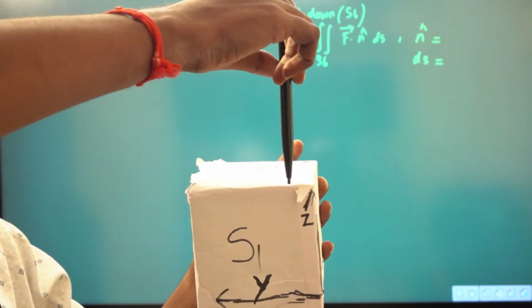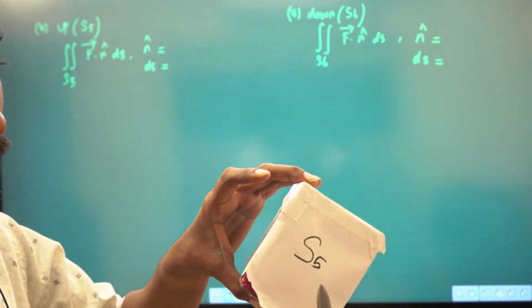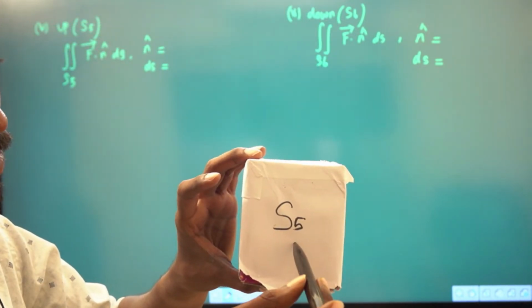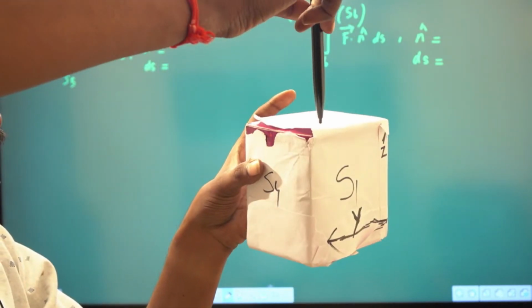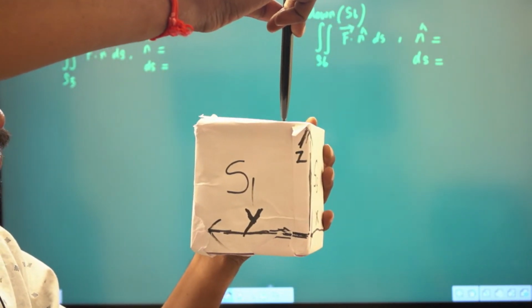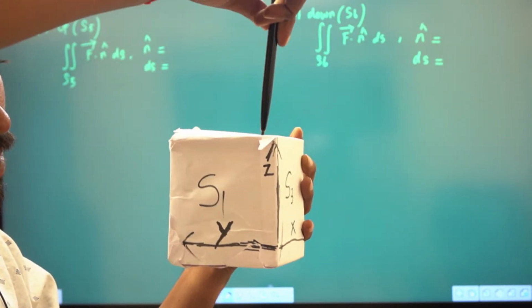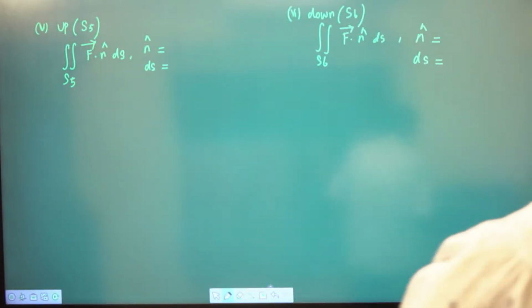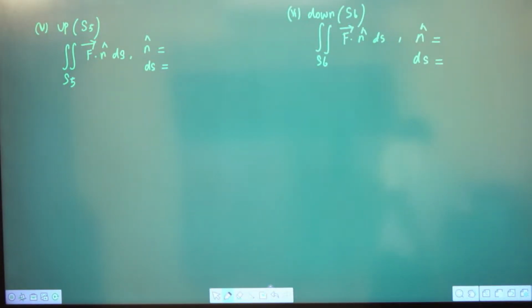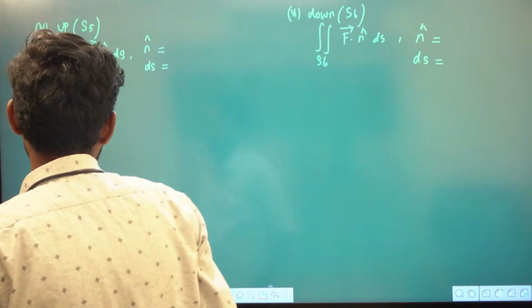If I rotate this, you can see it lies along the z-axis, or it can be parallel to the z-axis also, but your unit vector will not change. Your n cap will be k vector.